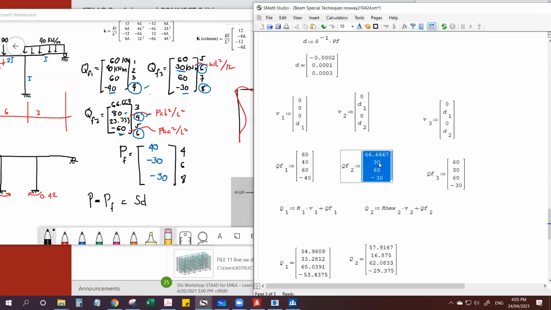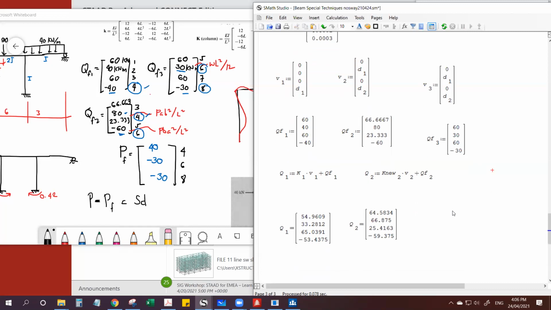Then 80. This should be 80. Should be 80. 23.33. And negative 60. And then QF3, yeah, 60, 30. 60, negative 30. What else?